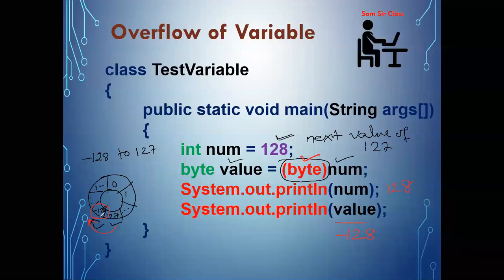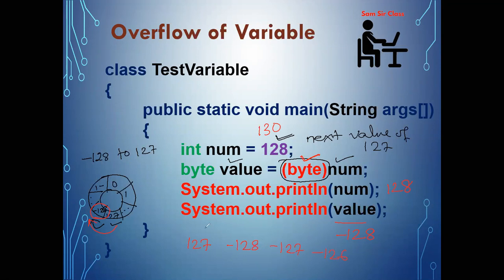So what comes after 127? It's minus 128. For example, suppose I want to store 130. After 127, what is the value in byte? Minus 128, minus 127, minus 126.